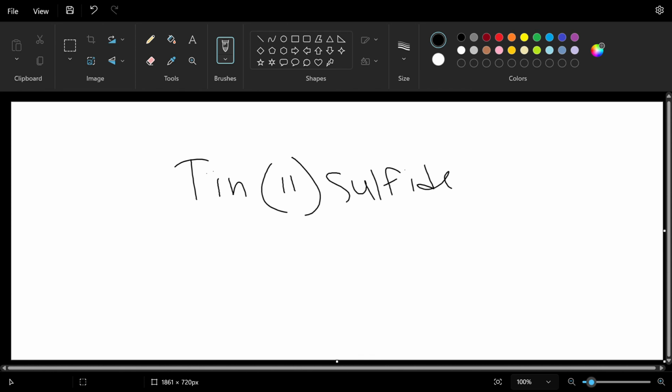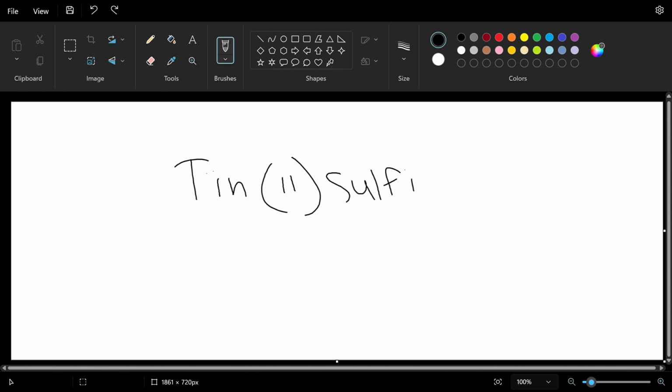So tin, if you look at it on the periodic table, its symbol is Sn, and it gives you a charge of 2. And sulfide, or sulfur, has a charge of 2-, so you would also write that here. Now, in this case, since their charges are the same, they would cancel out, so your answer would just be SnS.